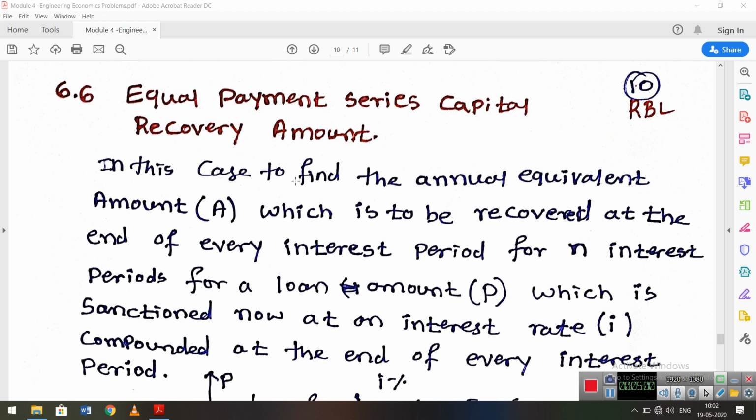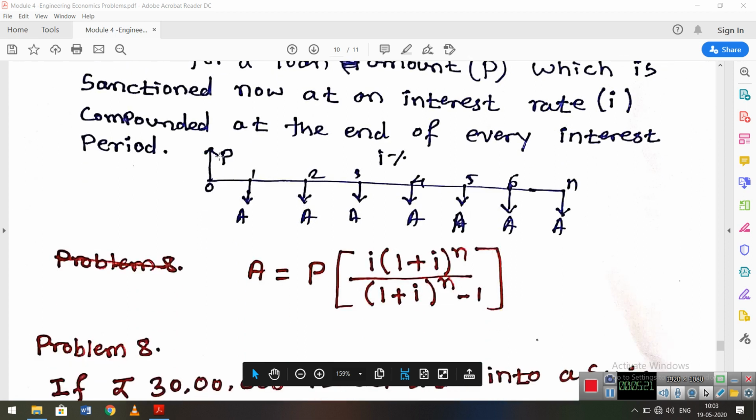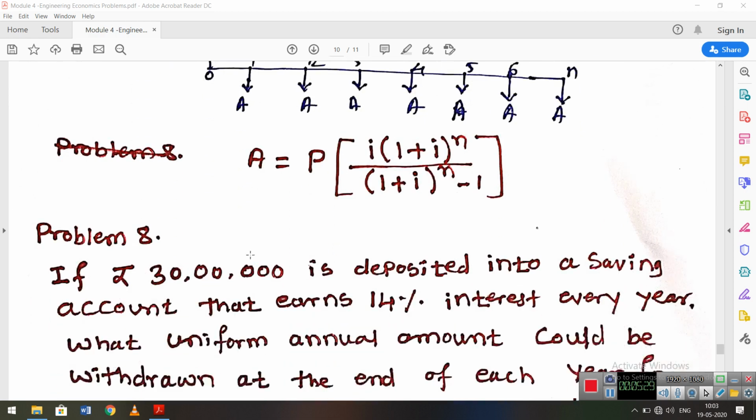They are asking to find the annual equivalent amount A, to be recovered at the end of every interest period for n interest periods, for a loan of amount P sanctioned now at interest rate i, compounded at the end of every interest period. So I got the loan money, then how much do I have to pay the bank for the next few years: that is the A value.